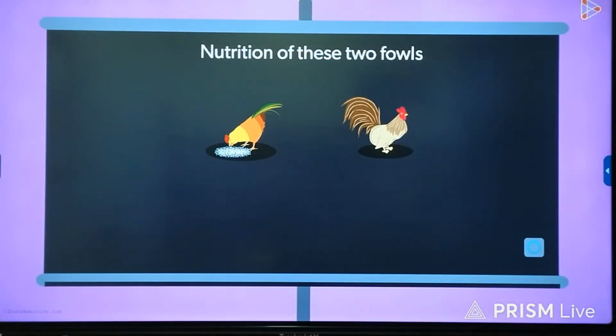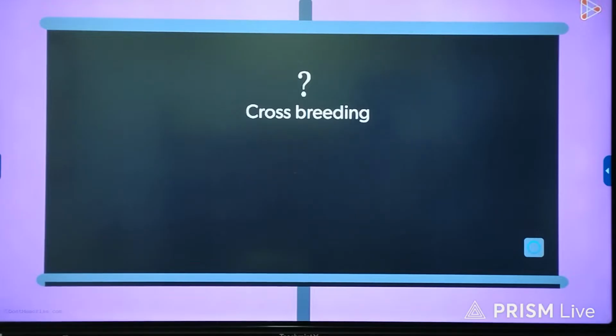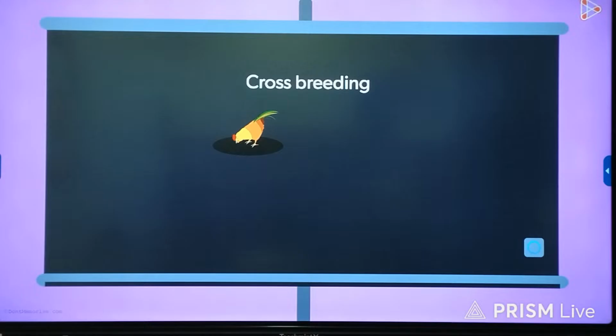Will the nutrition of these two fowls differ based on the purpose they serve? Yes, they actually do. Fowls that lay eggs do not require a heavy physical body. On the other hand, the fowls which are used for meat need to have a good physical growth. How can this be achieved? Do you know that crossbreeding takes place even in the case of the domesticated fowls? The Indian breed, for example, is crossed with a foreign breed.